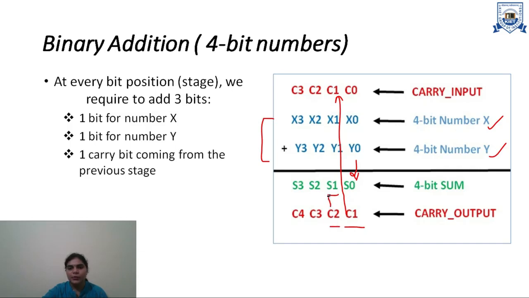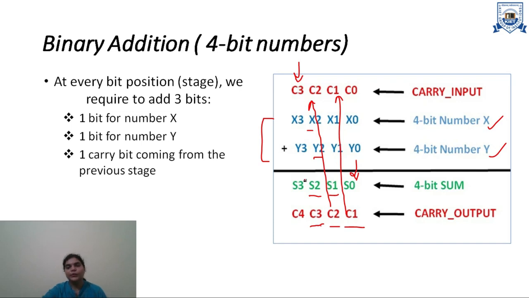This C2 will go to the next stage and will be added with X2 and Y2. The addition of these three bits will produce sum S2 and carry output C3. This C3 will again go to the next stage and will be added with X3 and Y3.